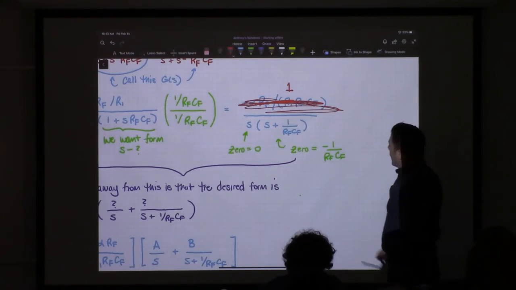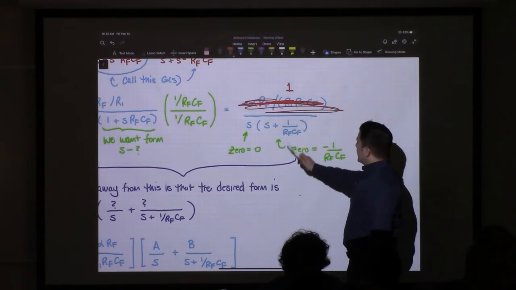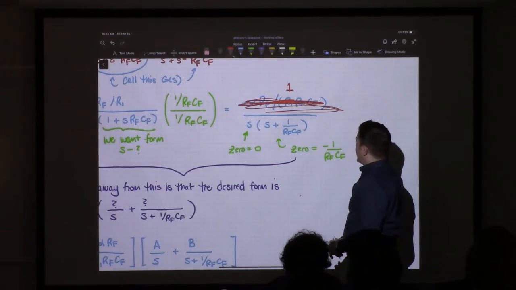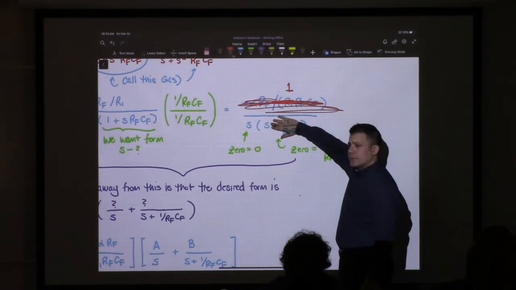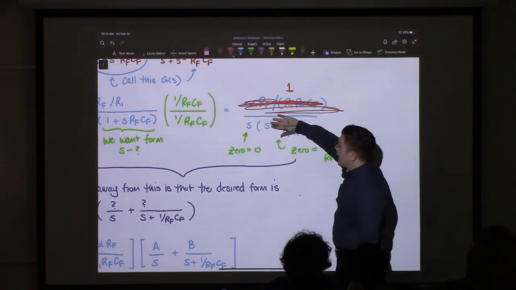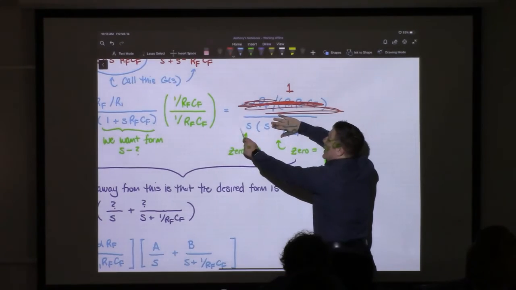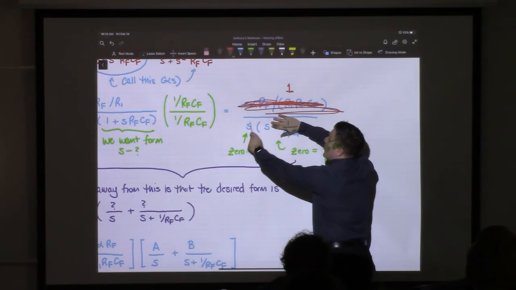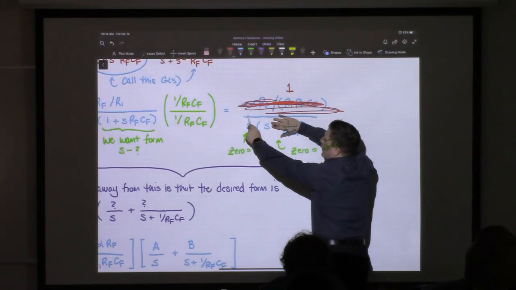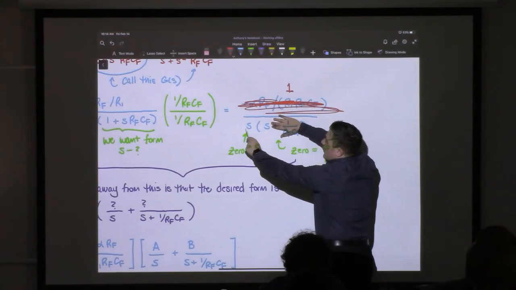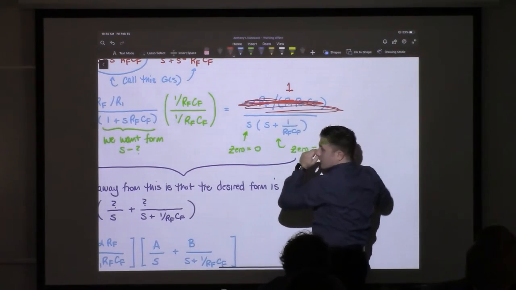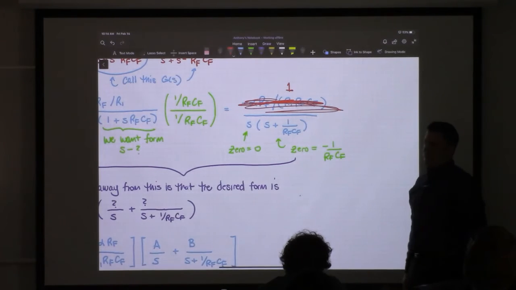So our 0 here is negative 1 over RFCF. So we're going to cover up this piece. Now we're going to plug in the 0, which is negative 1 over RFCF, which will give us 1 over a negative 1 over RFCF, which is equal to negative RFCF.